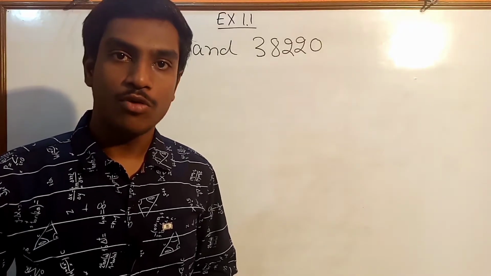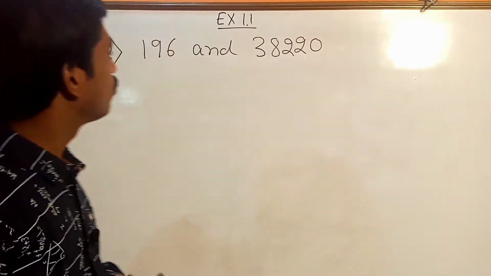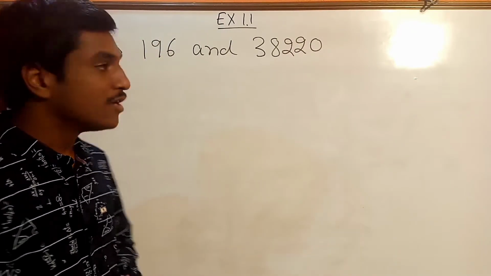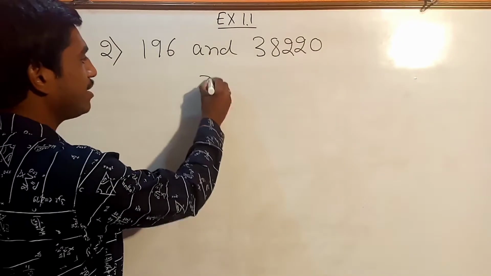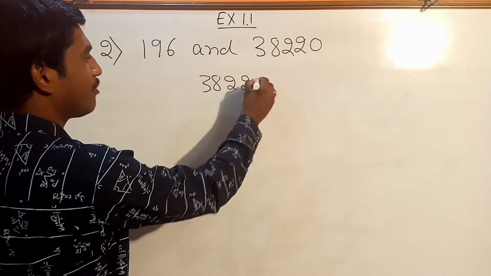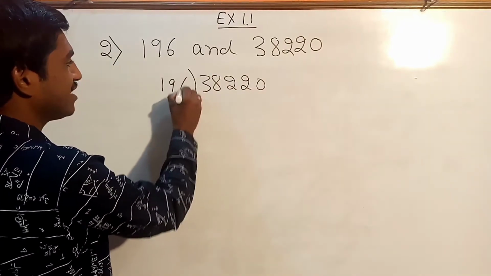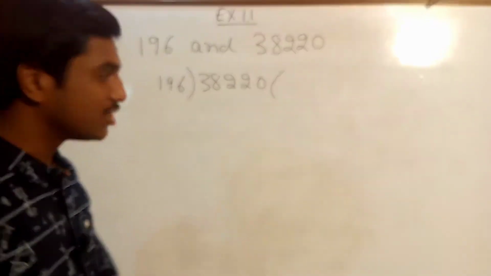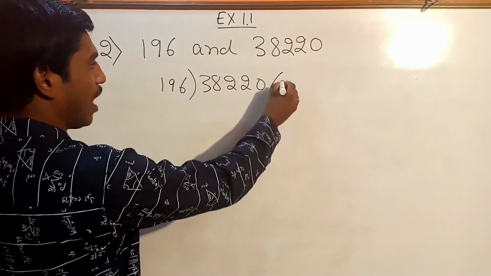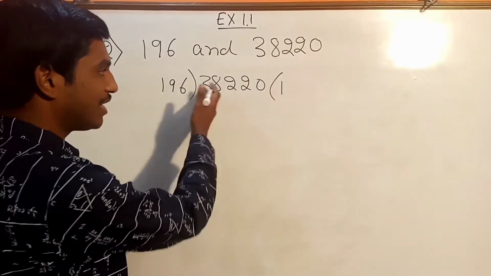Now we will solve the second problem, which is 196 and 38,220. So the smaller number will be the divisor and the bigger number will be the dividend. So when we divide 38,220 by 196, we'll get 196 into 1, because 196 into 2 will be greater than 382.